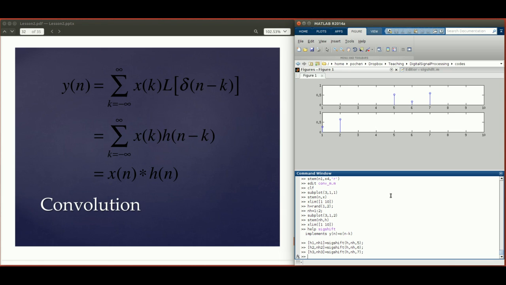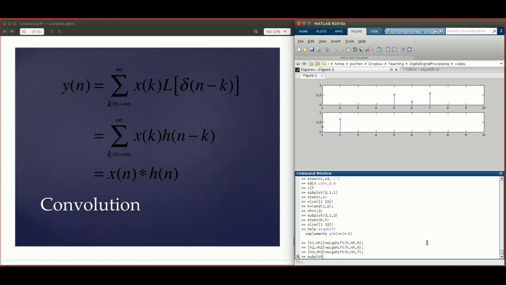Now we have to add those three signals together, and we have to multiply each of them by the corresponding amplitude of the input signal, because those shifted signals are going to have different locations.